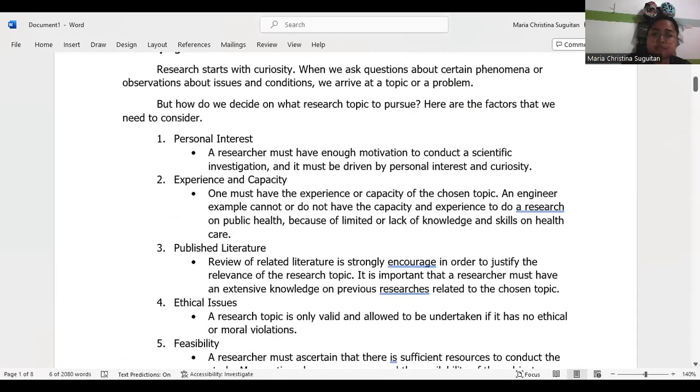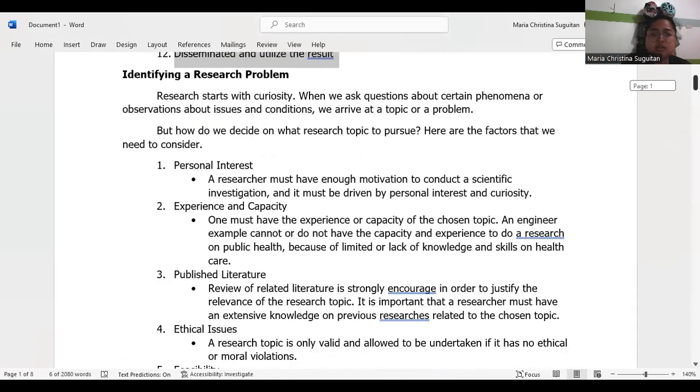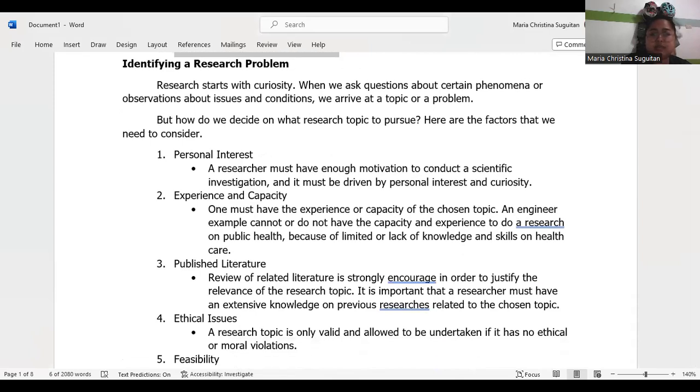Okay? So, let's move on to identifying a research problem. How can we identify your research problem? Sabi ko nga, di ba, kinuwento ko sa inyo, when you come up with your research, kailangan magdedepende yan kung saan kayo curious, saan kayo ano yung gusto nyo i-research, okay? Kung ano yung gusto nyo i-tackle.